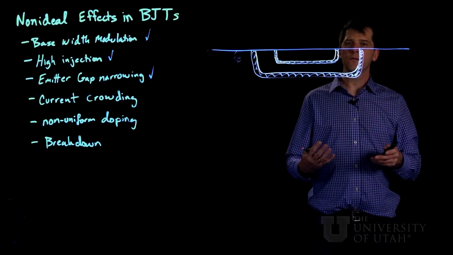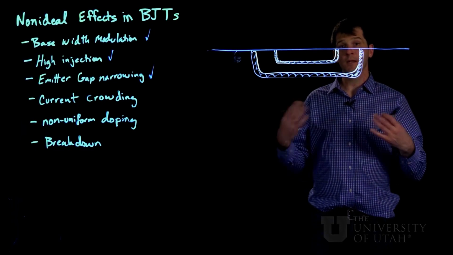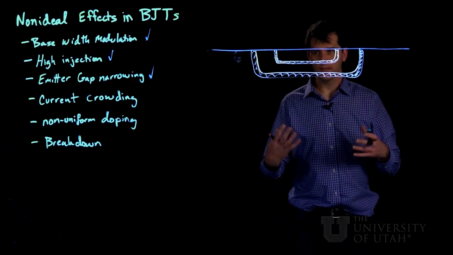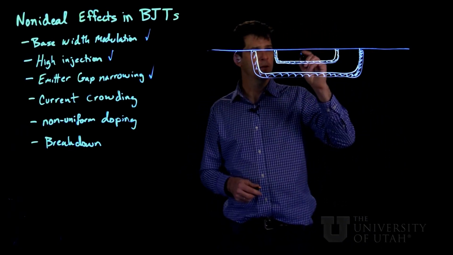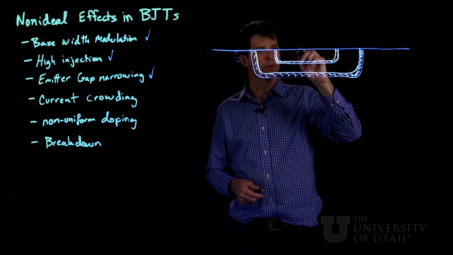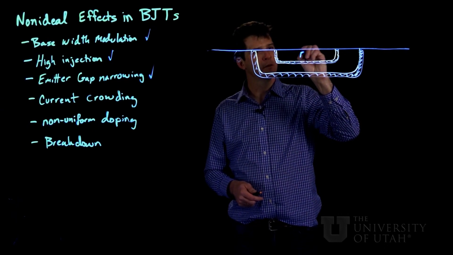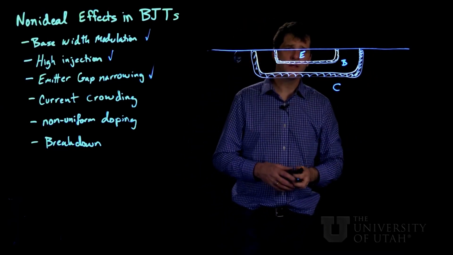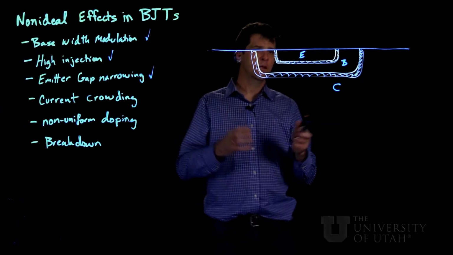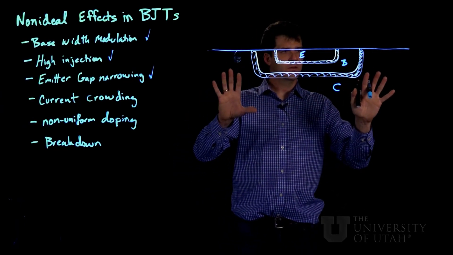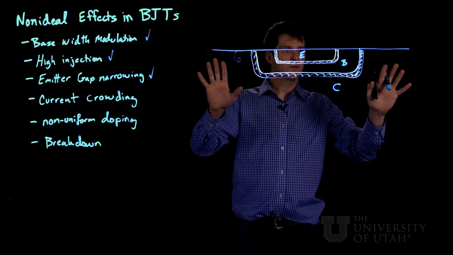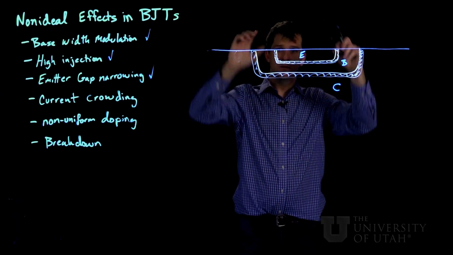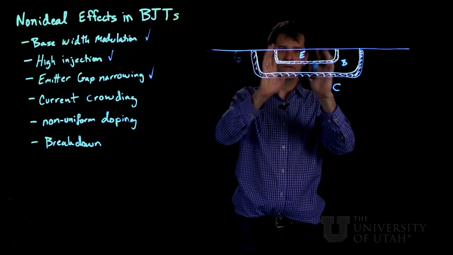So our next effect has to do not with the band diagram so much of the BJT, but rather with its fabrication and implementation in common CMOS. So here's our emitter, base, and collector regions. And in some implementations, the collector is formed from the underlying wafer, but the base and emitter are formed by ion implantation into successively smaller wells.